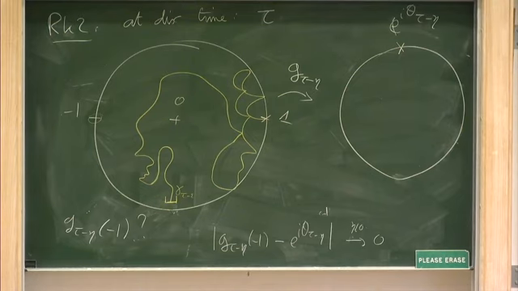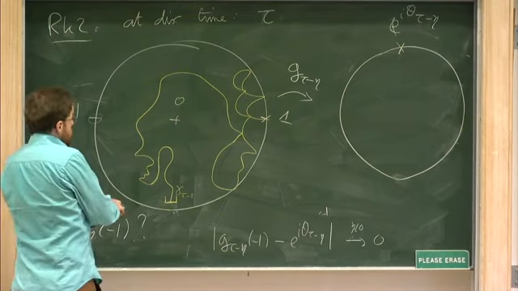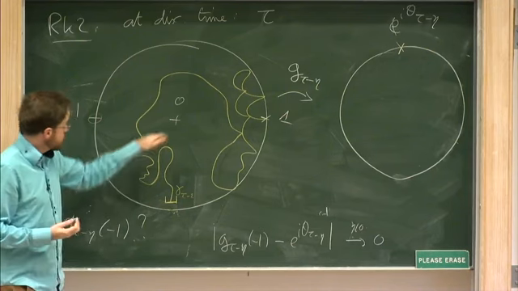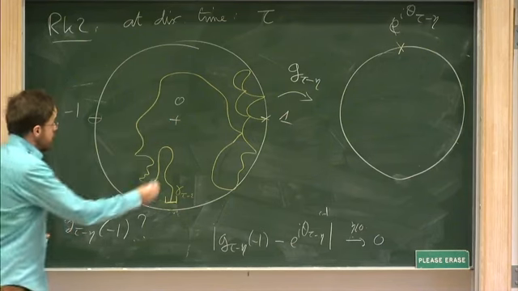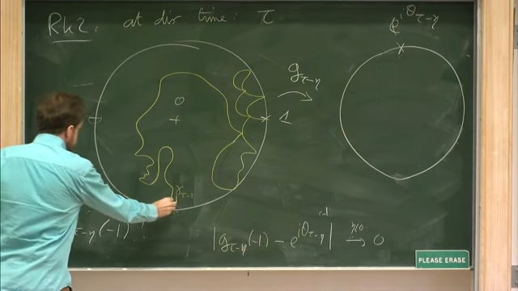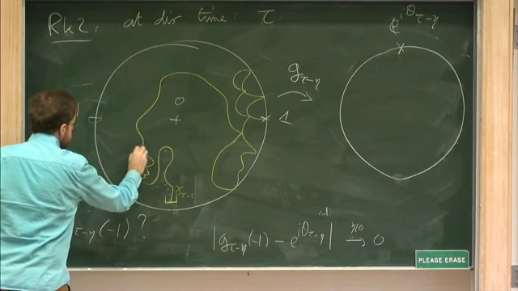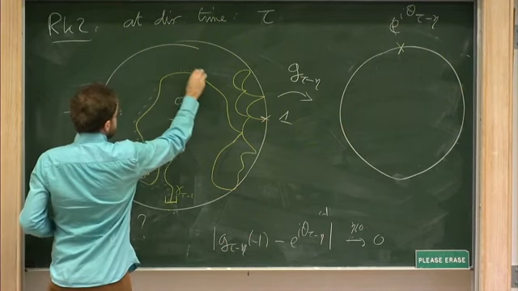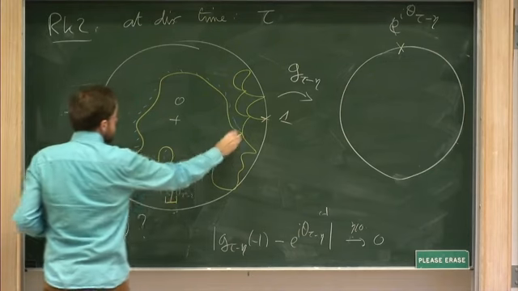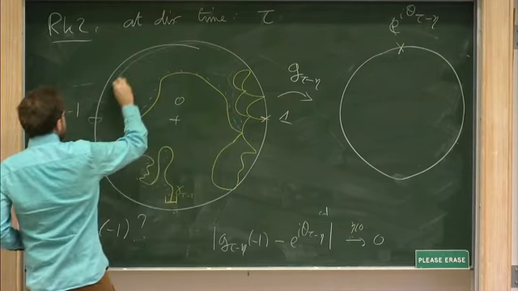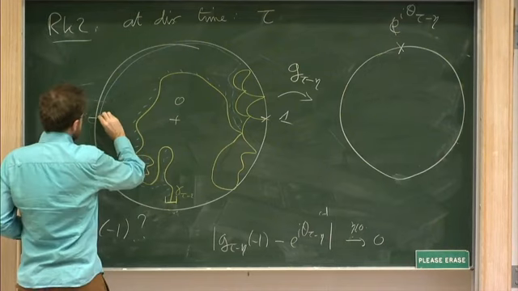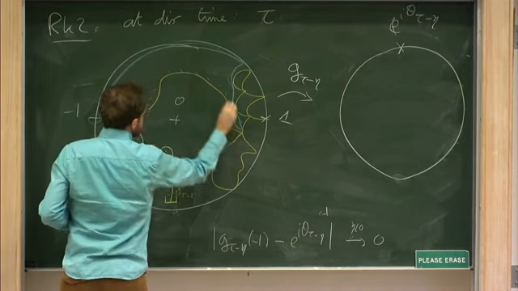So how do you do that? We will look at the harmonic measure from 0 of everything that is on this side, so everything on the outside of the bubble, from the tip all the way to minus 1. So this whole boundary arc here.